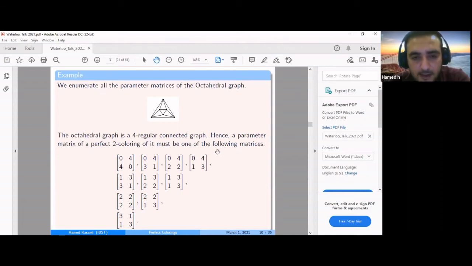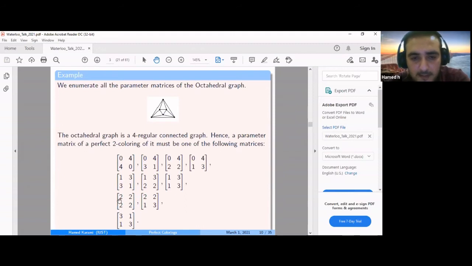You can see here matrices where the first row is 0, 4 and the second row is 4, 0; 3, 1; 2, 2; 1, 3; and 0, 4 is not possible because the graph is connected.